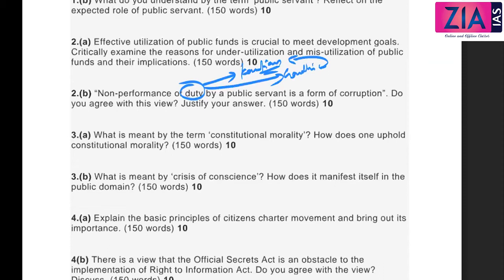Then a public servant is supposed to perform the duty as part of his code of conduct. Rather than code of conduct, you can write code of ethics. So ethically also he has to perform the duty. Now I'll give you one definition here.